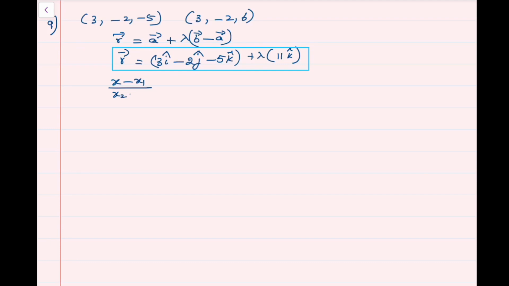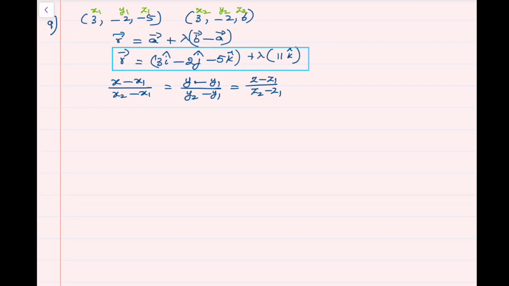X minus x1 divided by x2 minus x1 equal to y minus y1 divided by y2 minus y1 equal to z minus z1 divided by z2 minus z1. We will take the first point as x1 y1 z1 and the second one as x2 y2 z2.